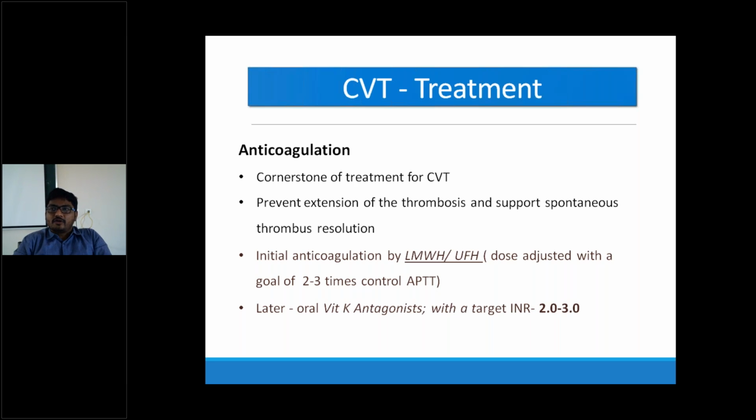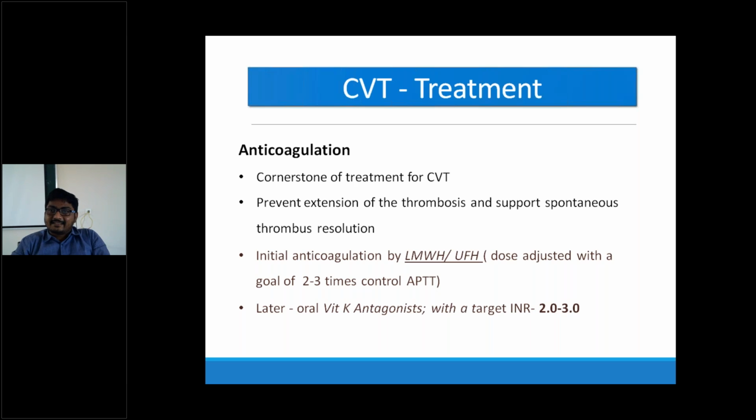What are the newer anticoagulants? Warfarin is not a newer anticoagulant. What are newer anticoagulants? Name some newer anticoagulants.